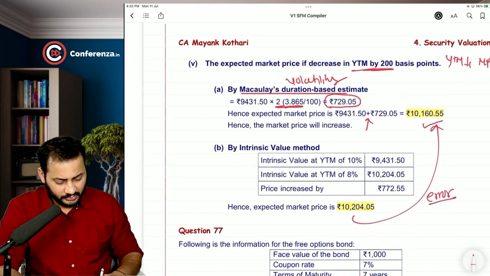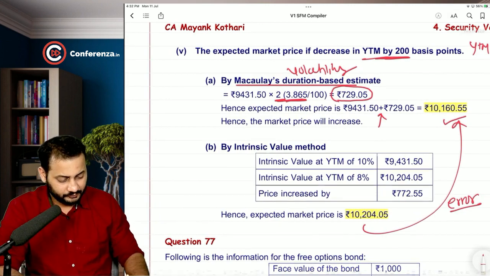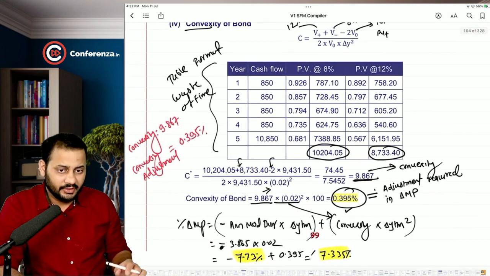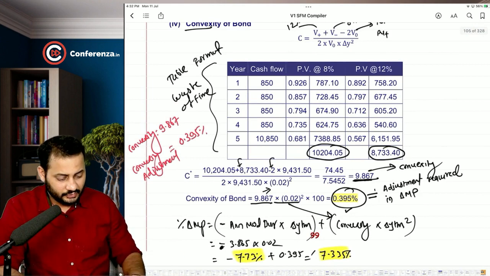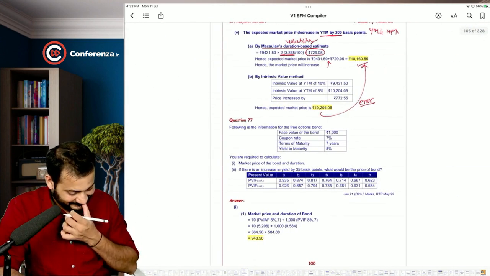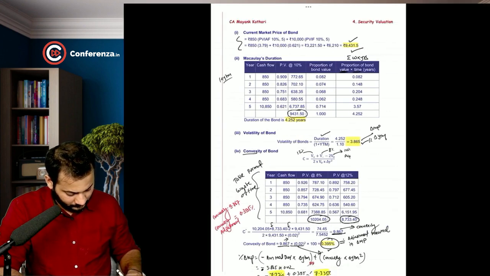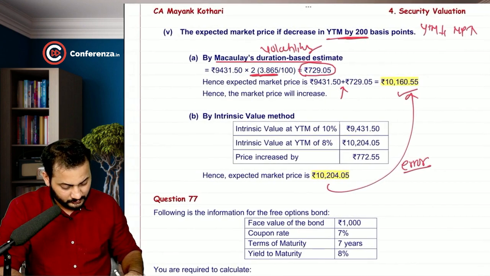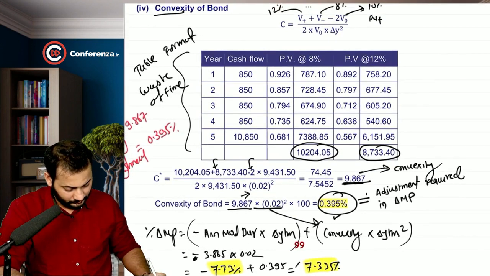Let me just cross check the convexity adjustment method. In the last page we calculated this real rate to be 7.335%, right? So what I will do is, I will have to calculate it again. Why? I will tell you.